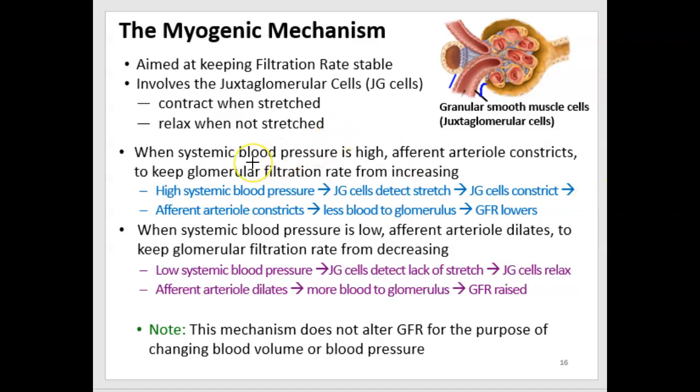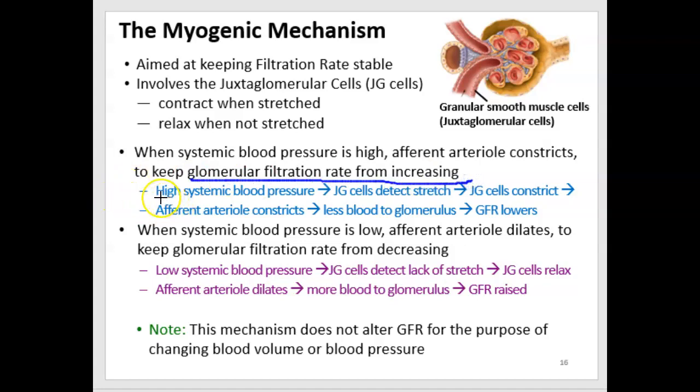So when systemic blood pressure is high, before any regulation happens, you're going to have high pressure going into this afferent arteriole, so that the net filtration pressure would increase, generally speaking. But when the systemic blood pressure does go up, that afferent arteriole constricts, and that keeps the filtration rate from going high.